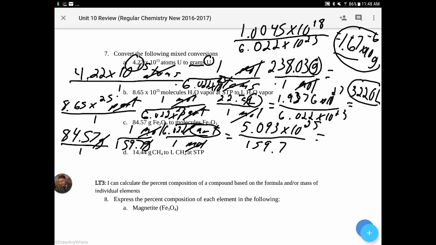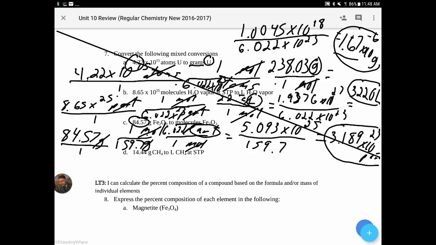And when we do that, we get 3.189, 4 sig figs this time because we have 4 sig figs here, times 10 to the 23rd particles. That's our final answer.